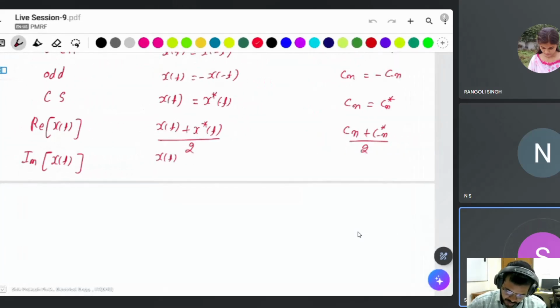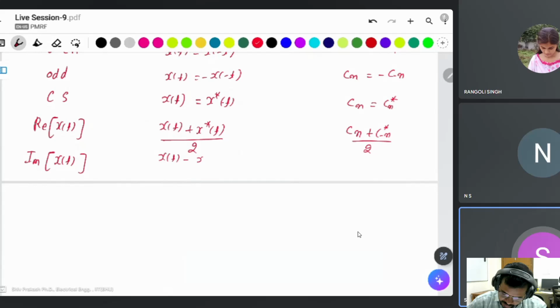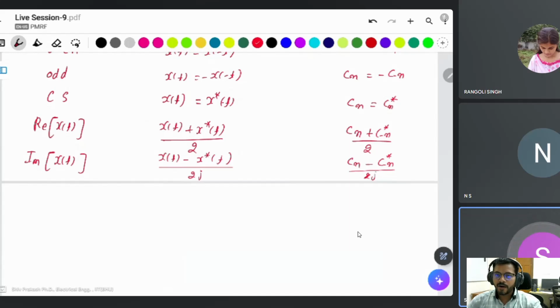So x(t) minus the conjugate of x(t), divided by 2j, because j is also there. Something similar for the coefficient also. This is for getting the real and imaginary parts of the function.